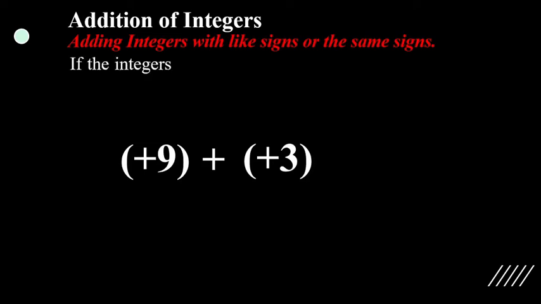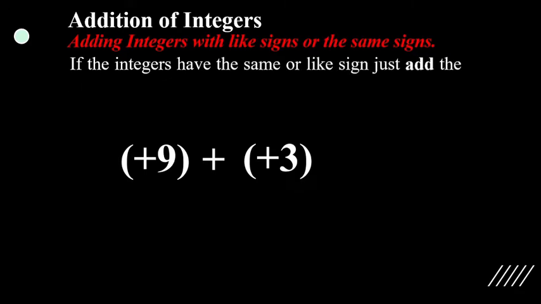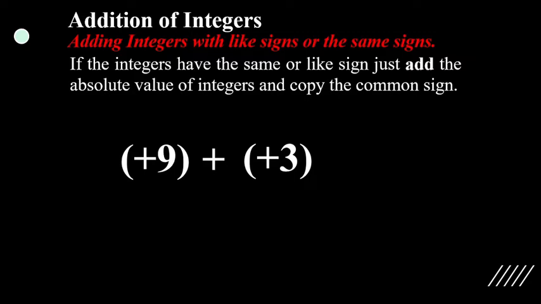Remember, if the integers have the same or like sign, just add the absolute value of integers and copy the common sign. Therefore, if we add positive 9 plus positive 3, 9 plus 3 is equal to 12. And their common sign is positive, so we will be just copying their common sign. So the answer is positive 12.